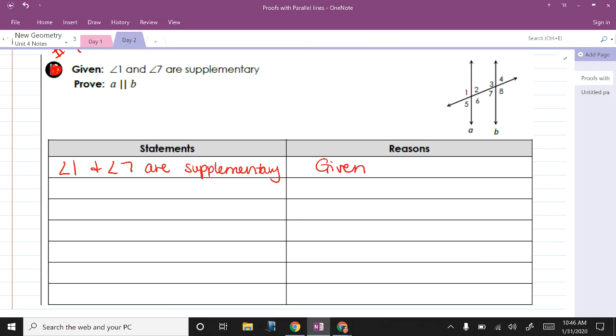All right? So 1 and 7 are supplementary. Okay? Is angle 1 supplementary with something else?